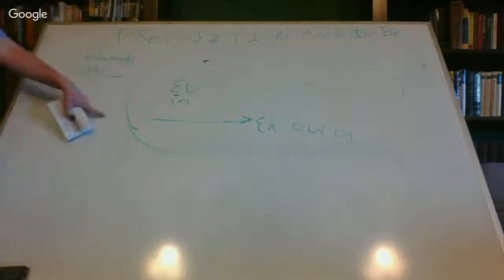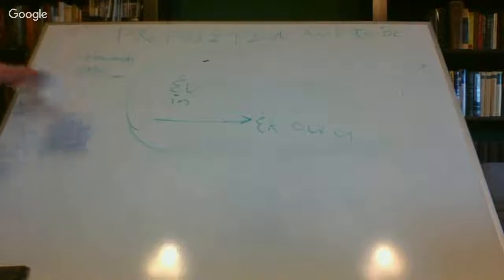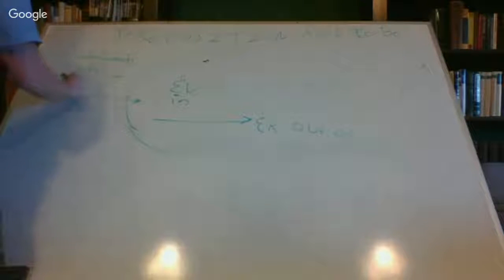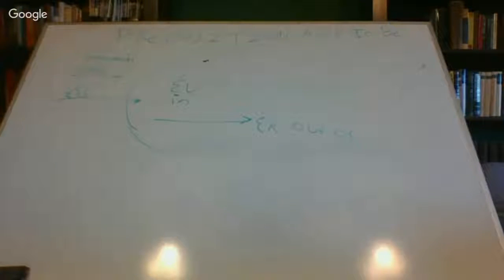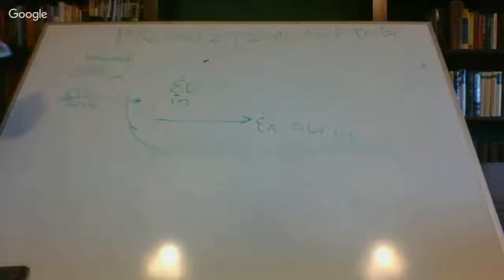So just think of this in both English and Greek. This is kind of how prepositions are working. How about this one? Into, in, among. Yeah, we're just going to write into here just because it's going into the circle. Another one here.